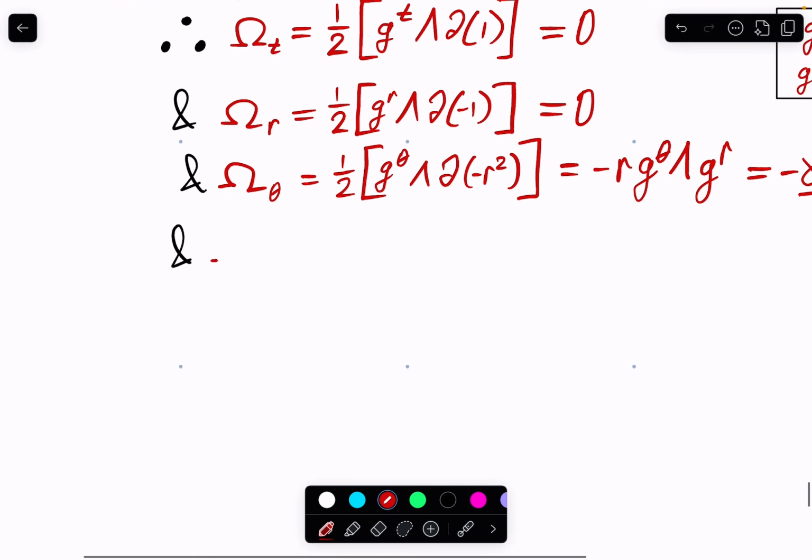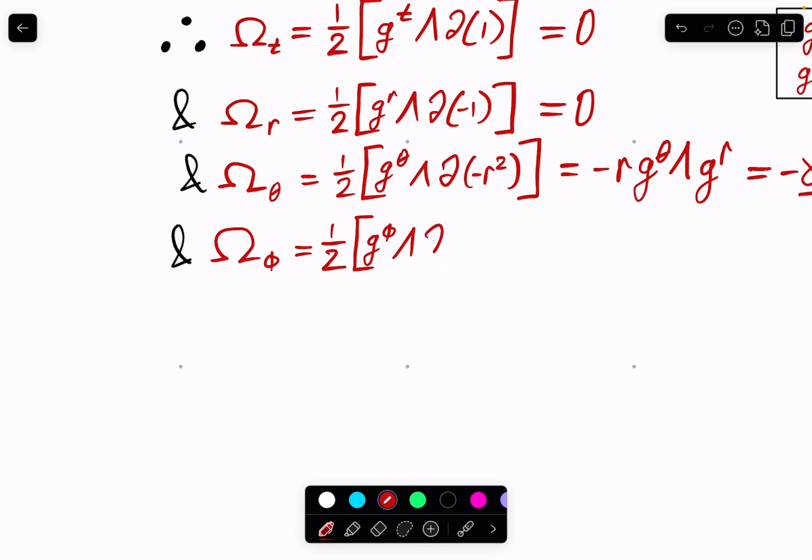And then for omega phi, we have 1/2 g^phi wedge the partial of g phi phi, which is minus r squared sine squared theta.